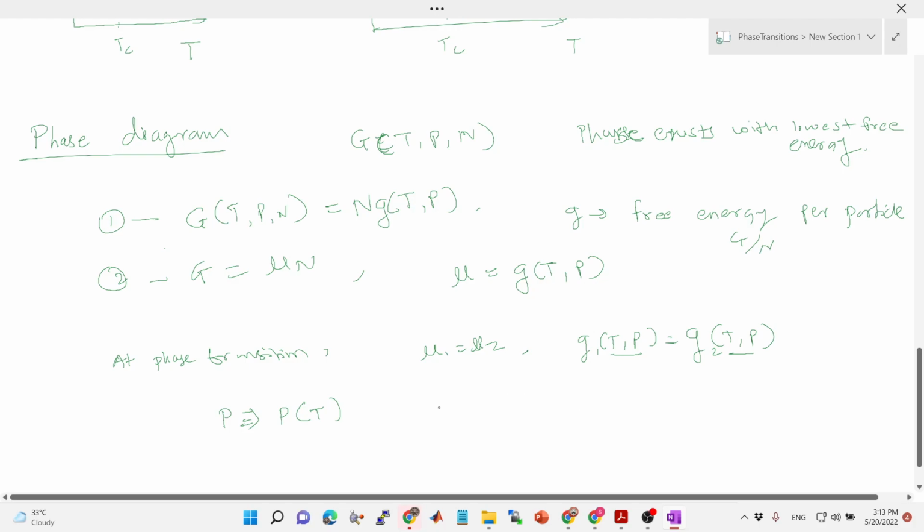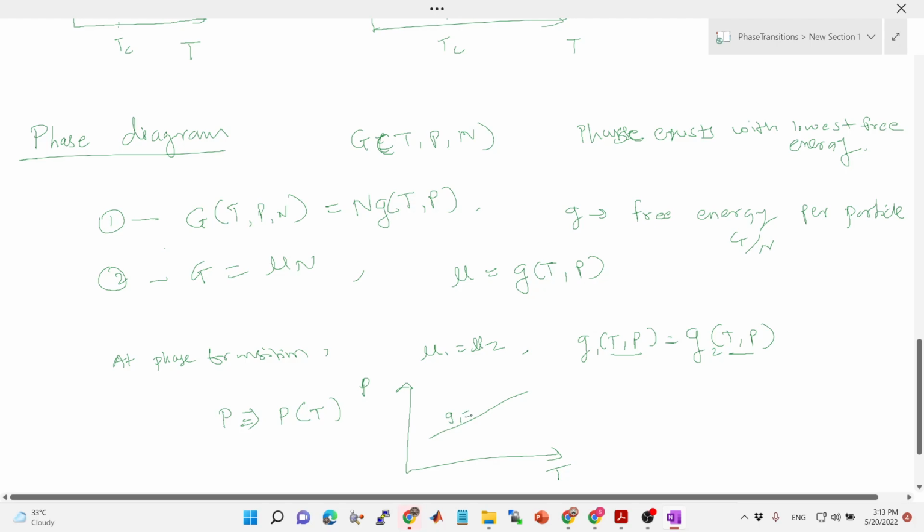If you want to show this on a graph, say you have this curve indicating the phase transition.